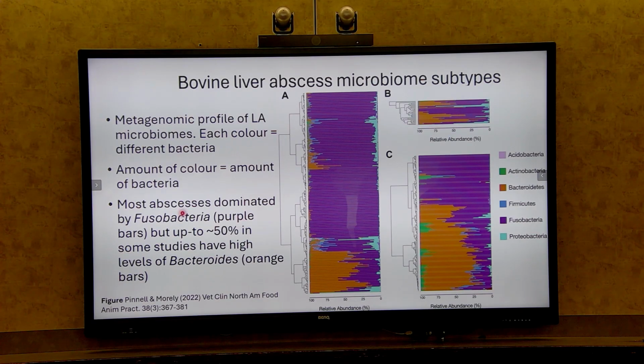So if you look at this, most of these bars are primarily purple, right? So Fusobacterium makes up a large portion of the community in a majority of the abscesses. But there's a lot that also have this orange bar, and that orange bar is Bacteroides.